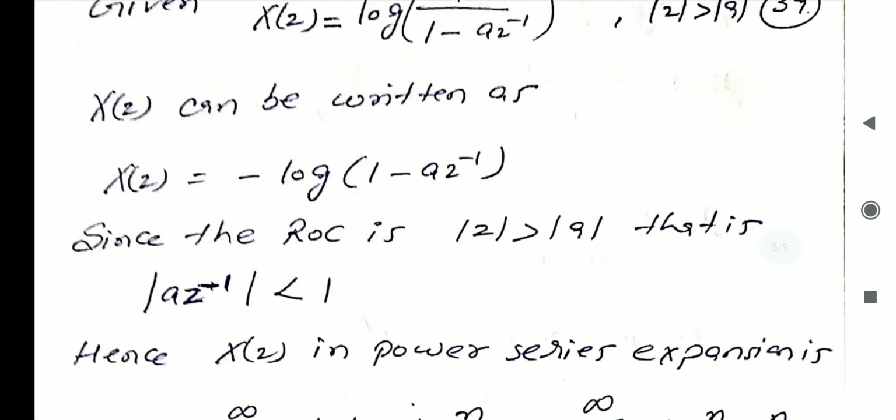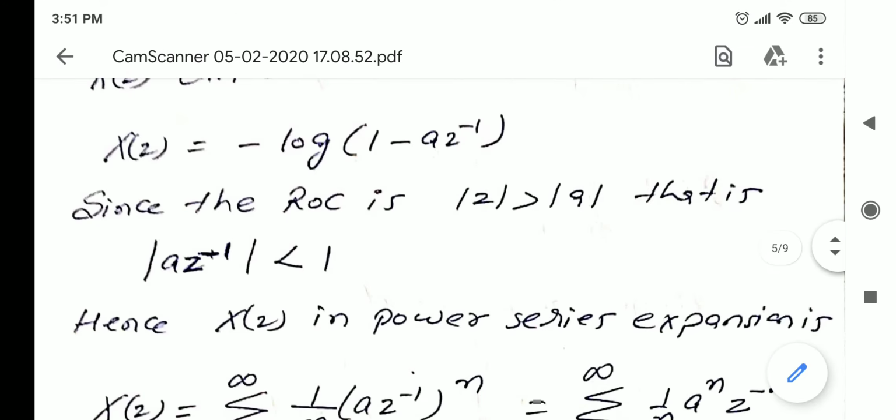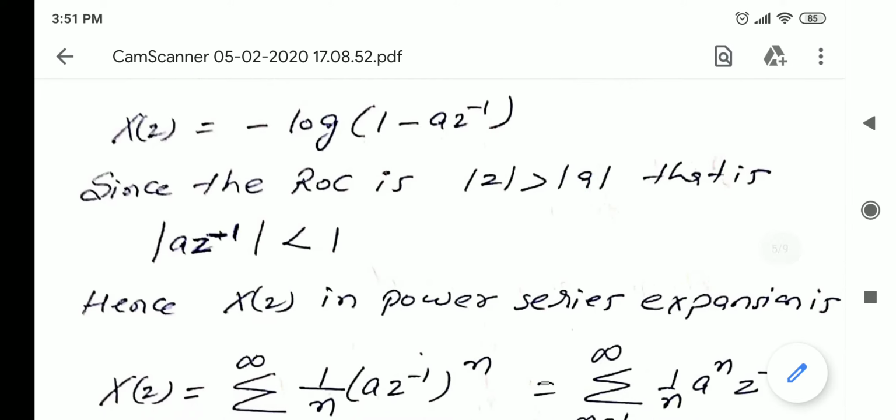Hence the ROC is mod of z greater than mod of a. We know this ROC is already given to us. That is, a z to the power minus 1 is less than 1. This we are concluding from this, when we are given that mod of z is greater than mod of a.